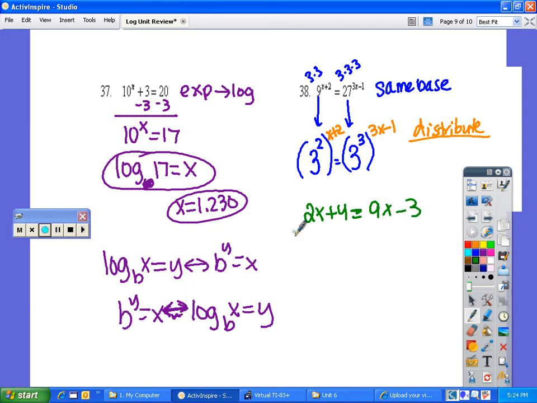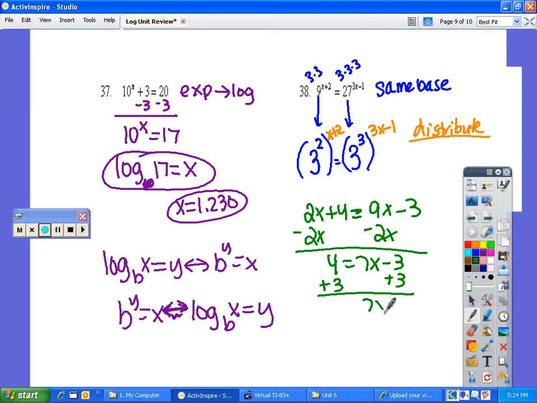Make sure you distribute all the way. So minus 2x, divided by 7, and x equals 1. If you got a crazy decimal for this, that's because you did not distribute.